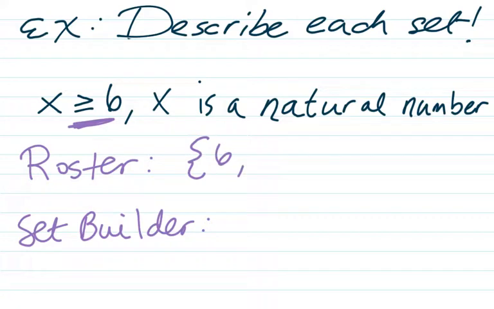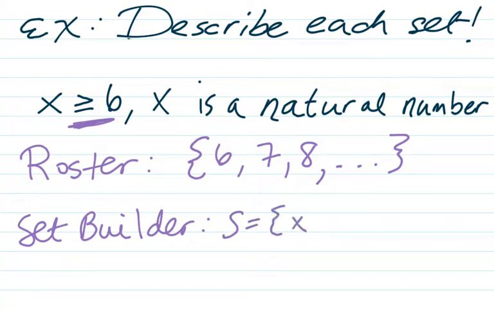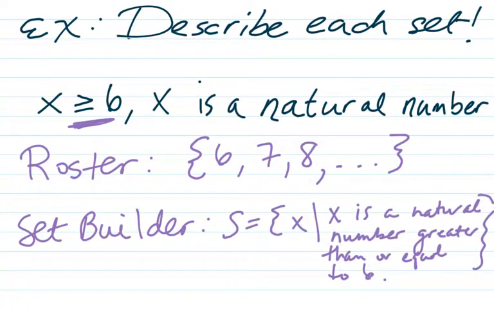And then it's the numbers greater than or equal to 6. So I have 6, 7, 8, and this goes on forever. So we're going to end with an ellipsis. For set builder notation, we're going to write this as S is equal to the set of x's such that x is a natural number that is greater than or equal to 6. So you can see that written out there.